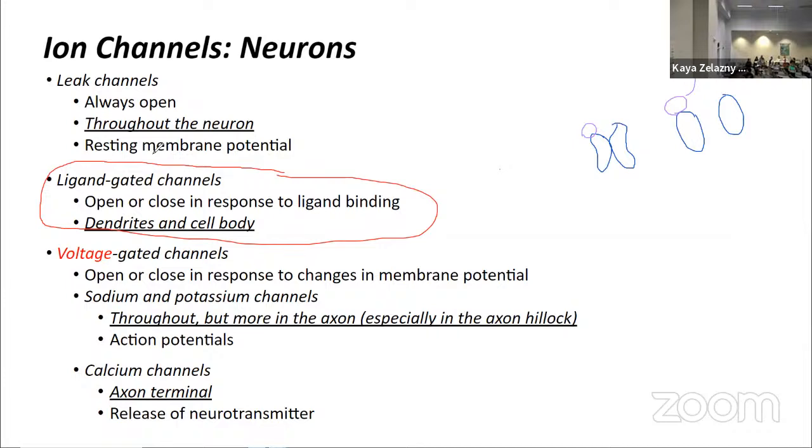Our dendrites, those little hairs on the head of the neuron, are for drawing in signals from neighboring neurons, so they have ligand-gated channels that often bind neurotransmitters. The cell body, the soma, is often also receiving some of those signals, so it would also have ligand-gated channels able to respond to neurotransmitters.